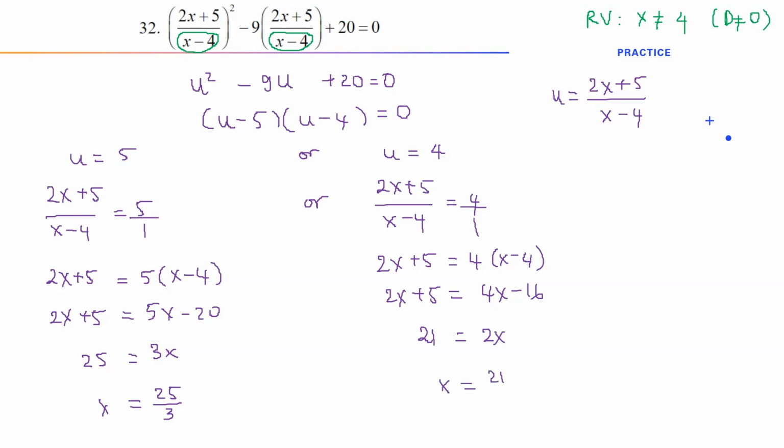X equals 21 over 2. And we're checking for the restricted value. And it's good to go because x only needs to be different from 4. Those values, 25 over 3 and 21 over 2, are good.